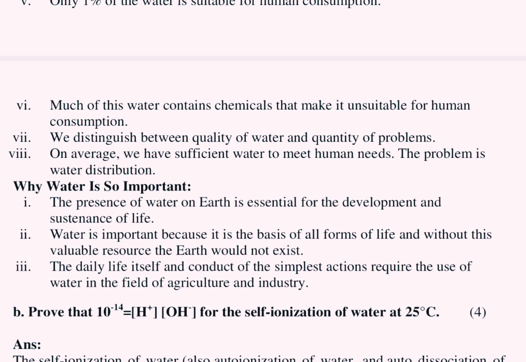You can also show that in the agricultural industry, water for irrigation purpose and all other purposes is so important. In your industry, most of the things, for example in the pharmaceutical industry, we use distilled water for manufacturing each and every medicine. So everywhere it is so important.